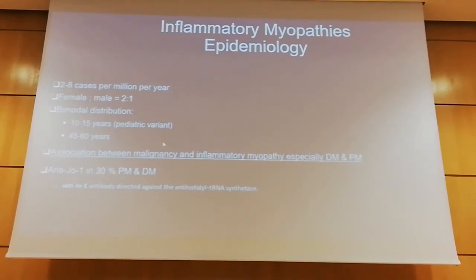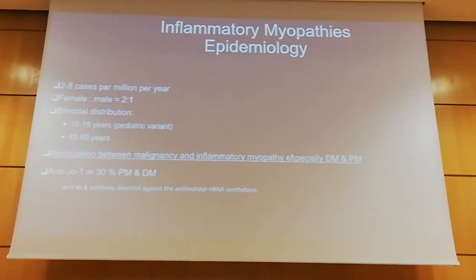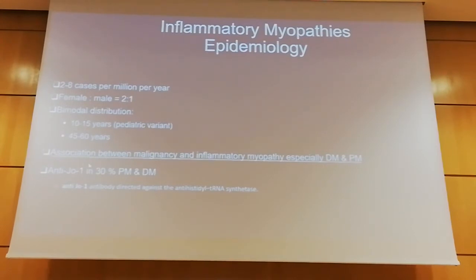This is a repeated question on different standardized examinations. Between malignancies, visceral cancer, colon cancer, gastric cancer, and inflammatory myopathy, especially dermatomyositis and polymyositis. There's also an association with anti-Jo1, which is directed against histidyl tRNA synthetase.